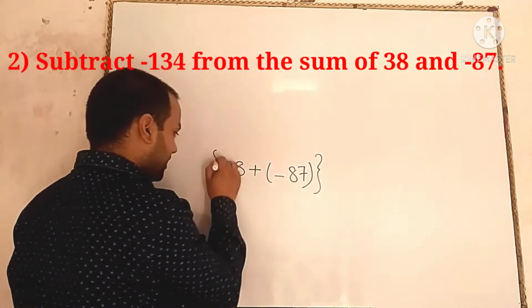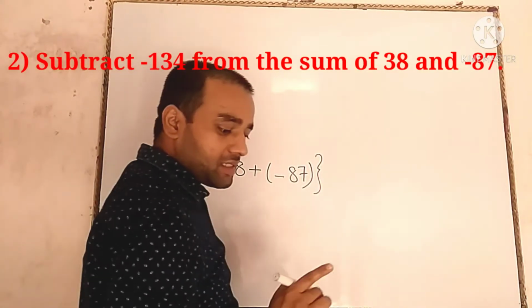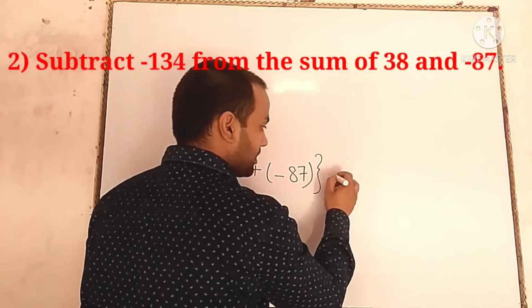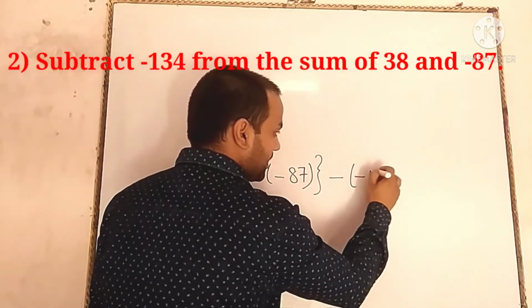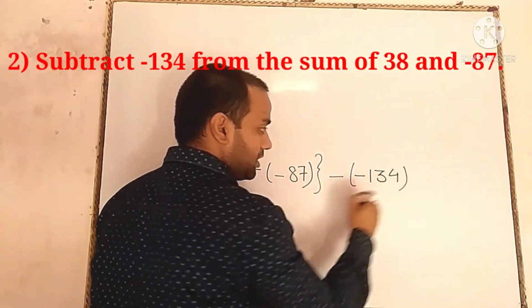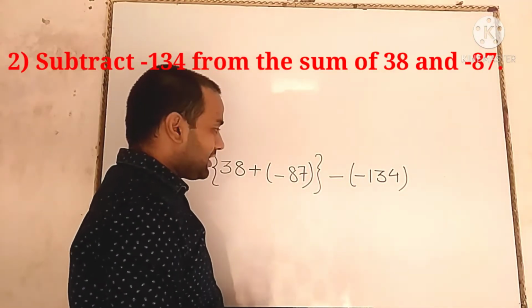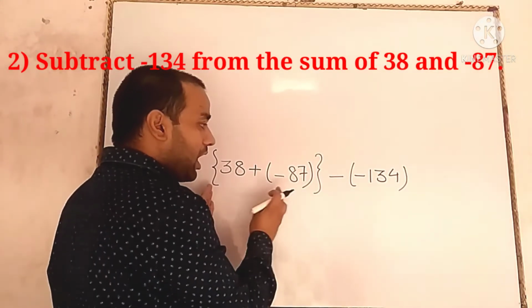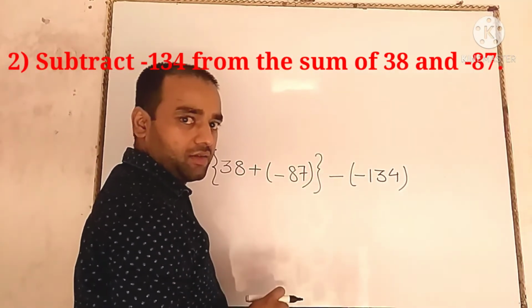Write it in curly bracket. The main instruction here is subtract minus 134, with the sign minus. Is it clear? In this type of question, always first write what comes after "from", then the given instruction.